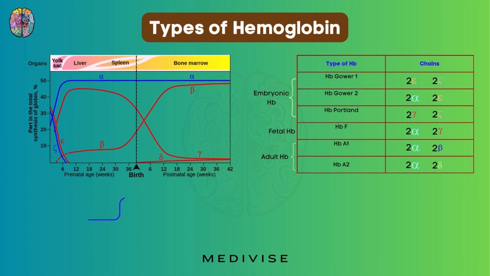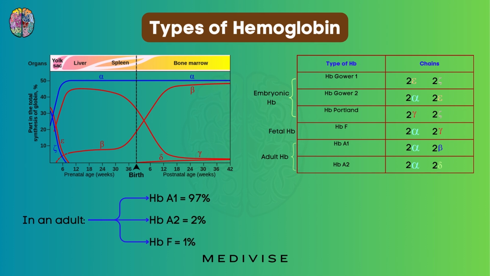In fact, let us look at the exact percentages. In an adult, 97% of the total hemoglobin is HbA1. This is proved from the graph, where we can see that the alpha chain and the beta chain are very high. Then HbA2 is only about 2%. Why? Because we saw that the quantity of delta chain is very small.